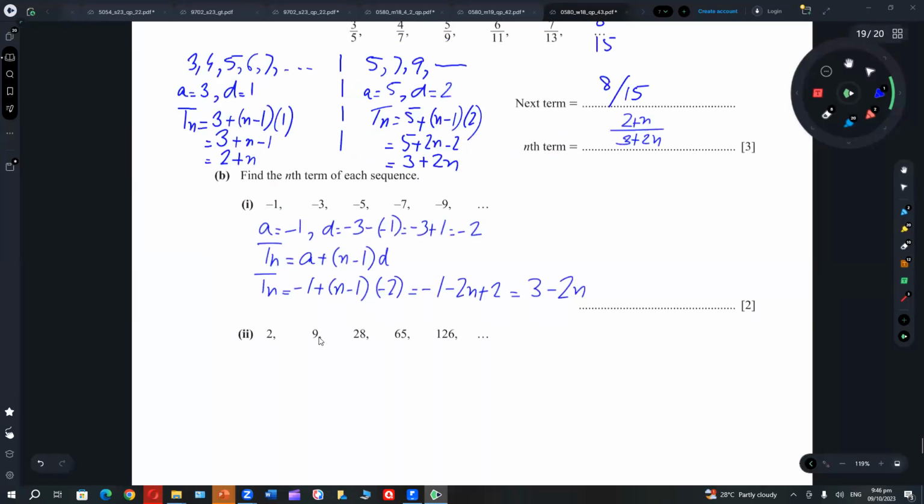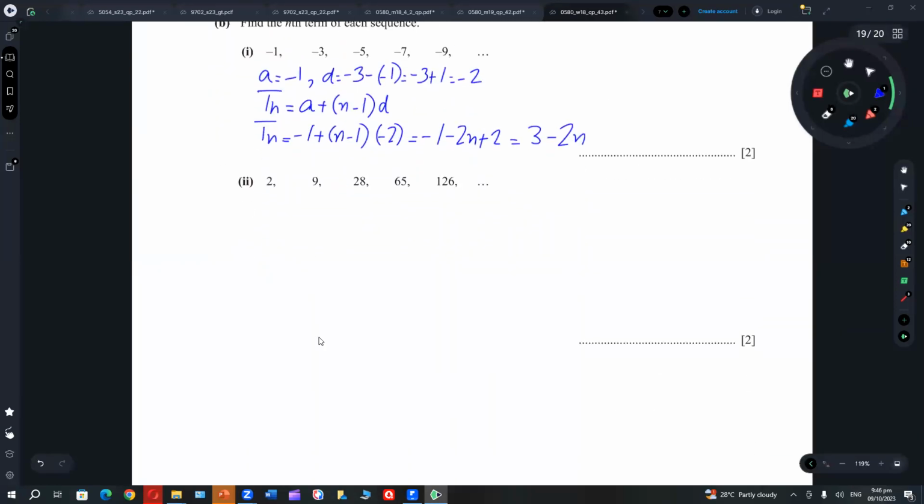It's a bit difficult. The difference is 7.